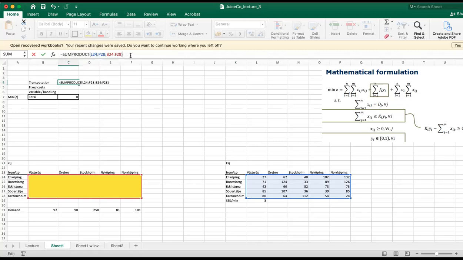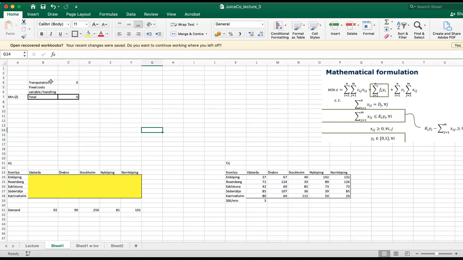And then they have told us, remember, for every distance moved per case is 3. So we multiply all this by 3 and say enter. So now we have implemented the transportation cost.